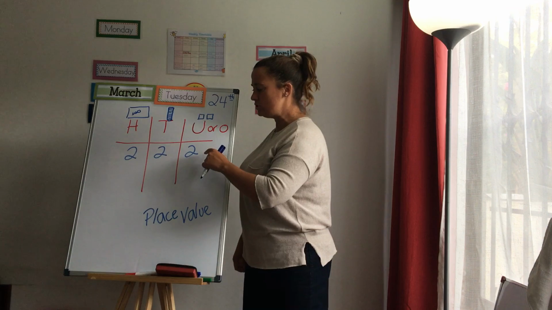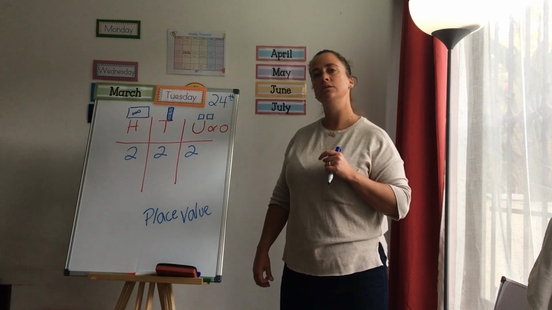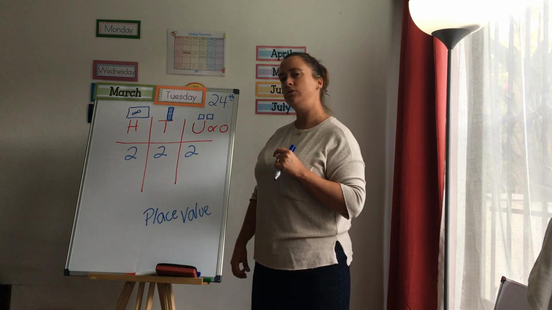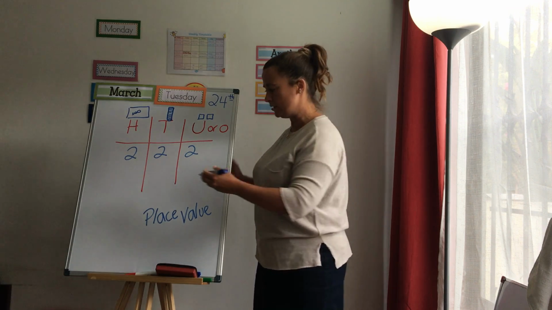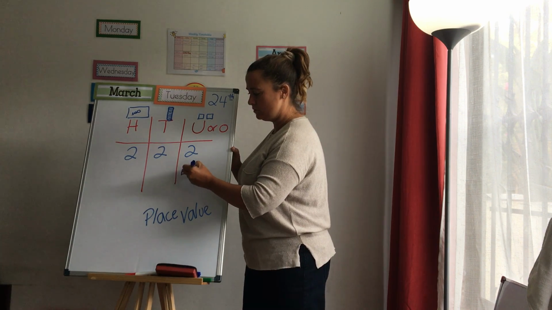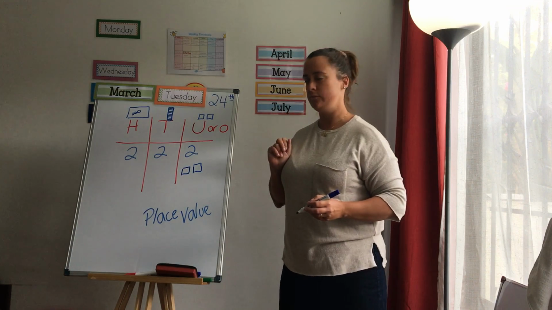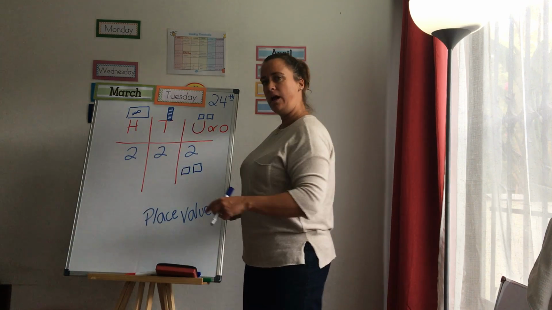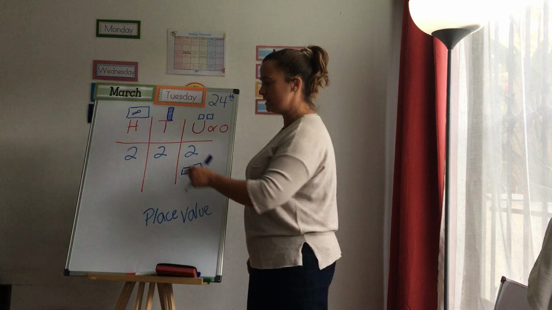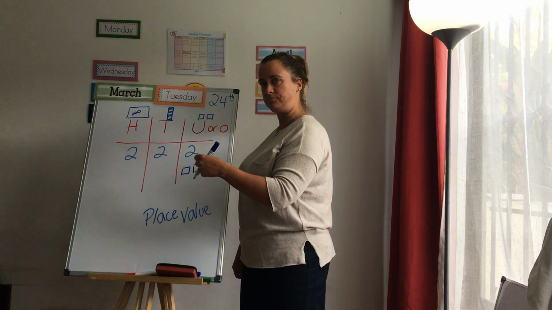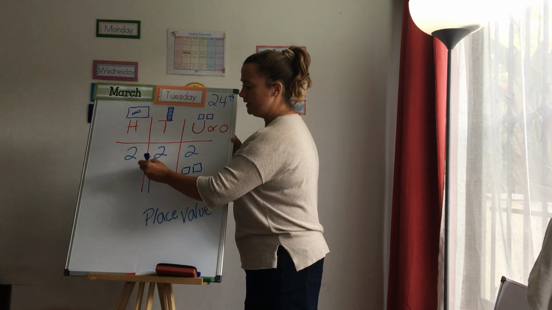So, if here it says 2 ones, how many ones or units do I have? Well done, I've got 2. Super. How many tens do I have? Here it says 2 tens. Lovely.